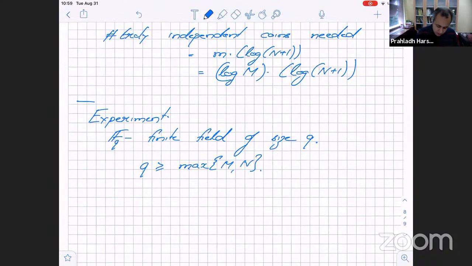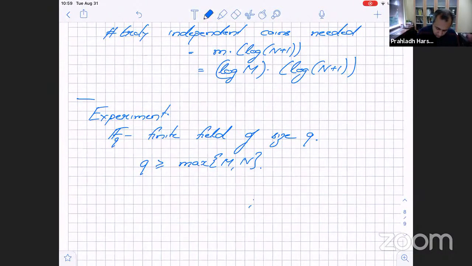And how am I going to pick this sequence of samples? So this is the random experiment. Let me not write it this way; I should have been more careful.